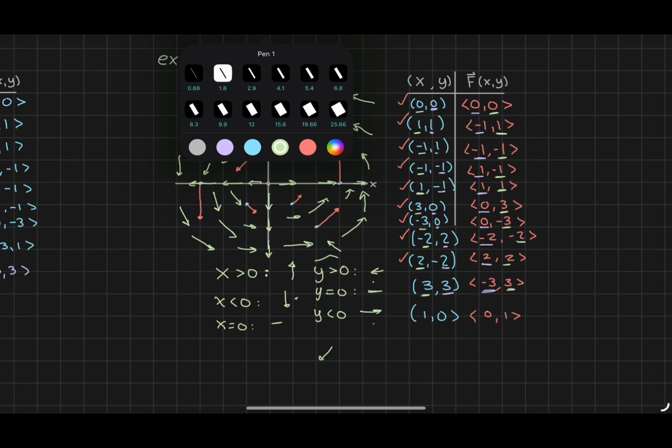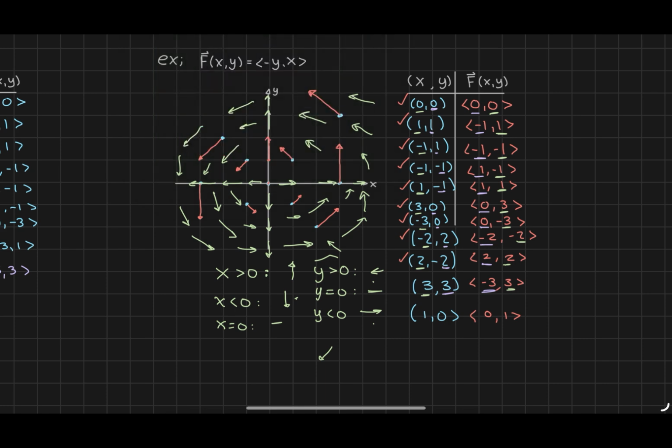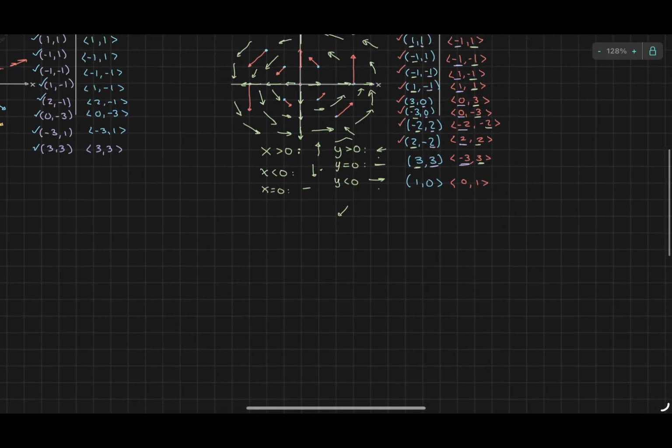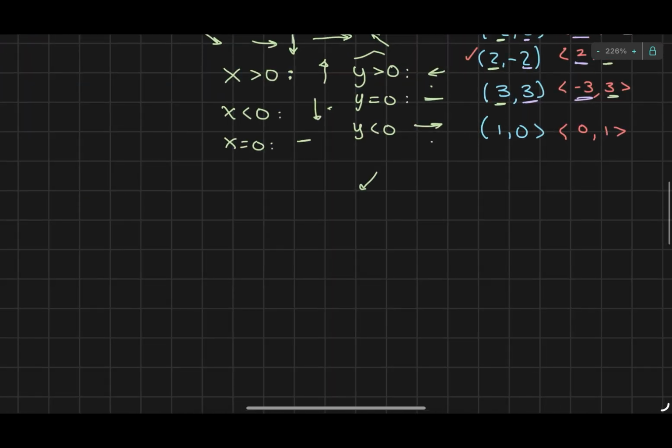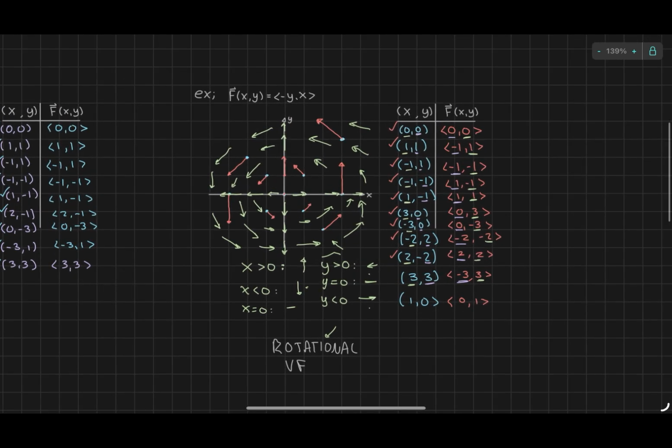Looks like it's just going to be spinning in a counterclockwise direction there. What this might be called is a rotational vector field. So I guess that's a strategy that we can use when we're doing these. We can recognize the trends by just drawing a few points.